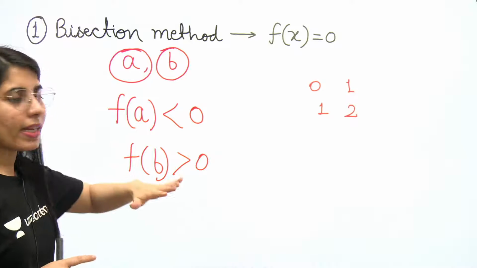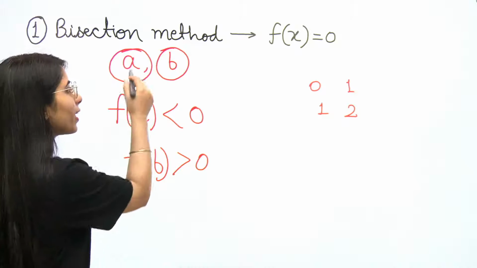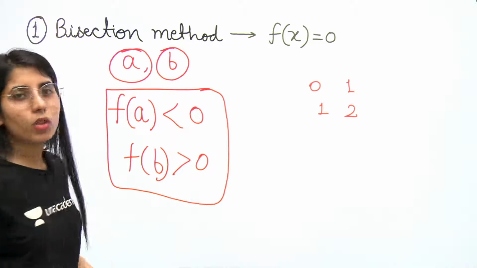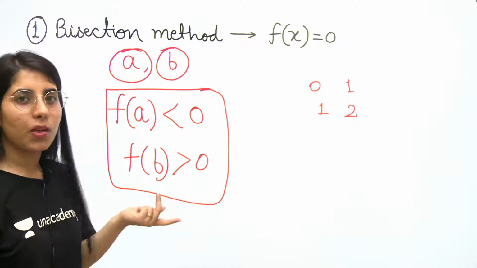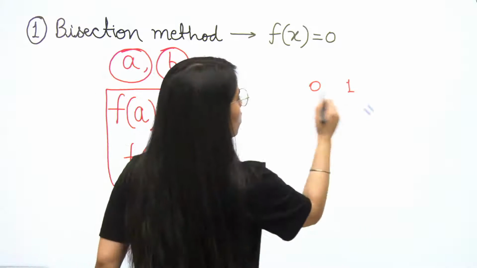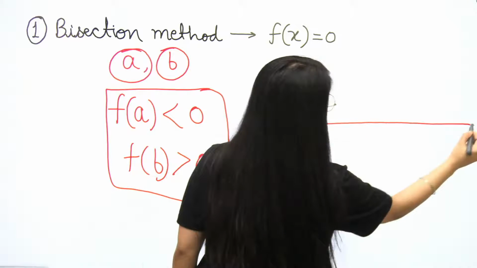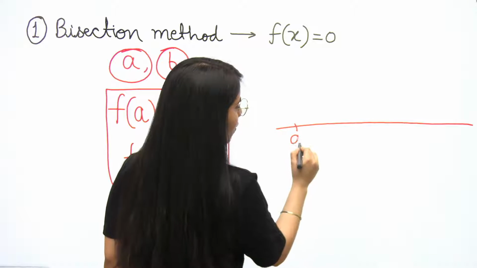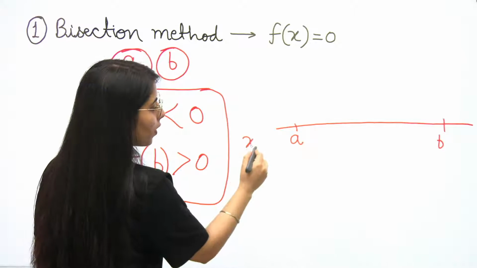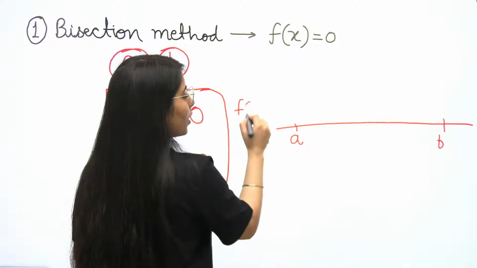They can be any consecutive numbers, but they should satisfy the condition that at one value the function is less than 0 and at the other value the function is greater than 0. Let me show it on the number line. You have the value a here and the value b here. I am showing the x values below the line and the f(x) values above the line.